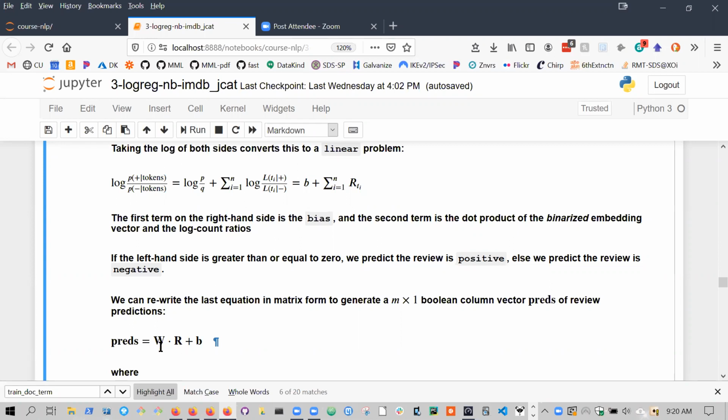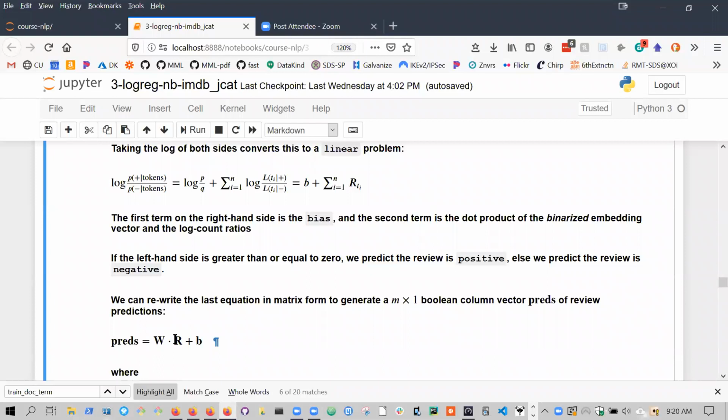It's the number of terms in your vocabulary. And the dot product of that with another vector, R, a column vector corresponding to the log count ratios for each term. Since there are 6016 terms, capital R has 6016 entries.